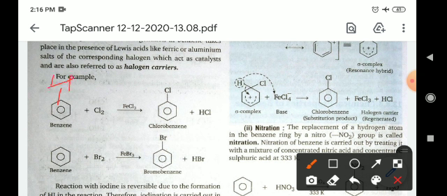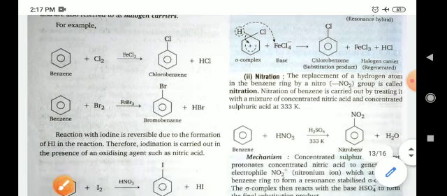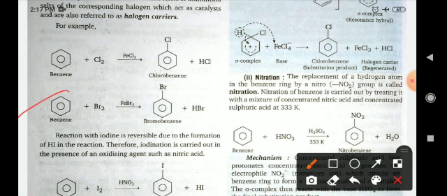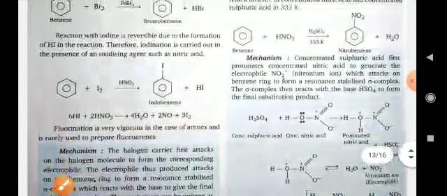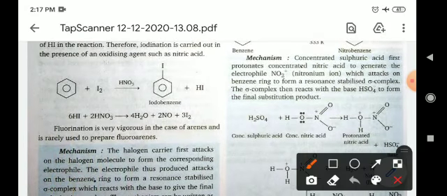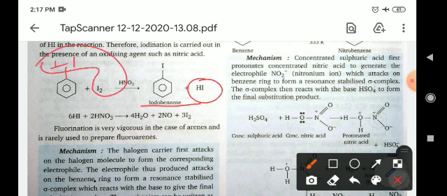So on reaction with chlorine in presence of FeCl3, HCl will be removed and one Cl goes to the benzene ring and forms chlorobenzene. And in case of bromine, HBr will be removed and bromobenzene will form. Next, for iodine, in presence of nitric acid, iodobenzene will form. One hydrogen from here is removed with HI and iodobenzene will form.